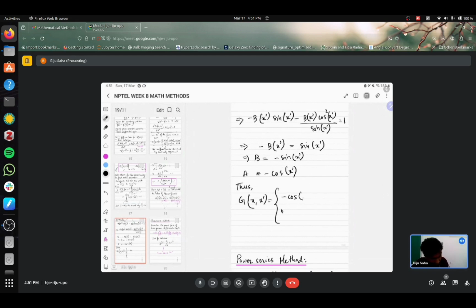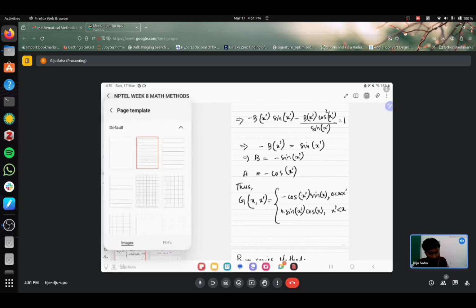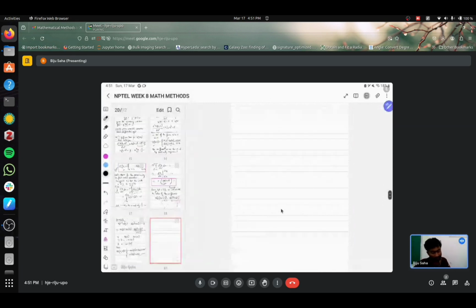This part is A into sin x, valid for x lying between 0 and x prime. Another definition is this. So this is my complete description of the Green's function.